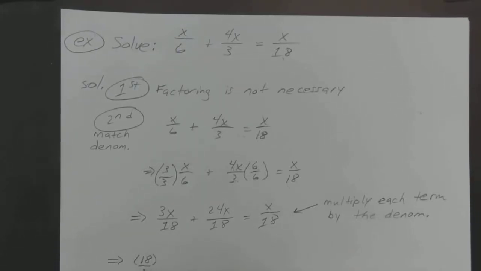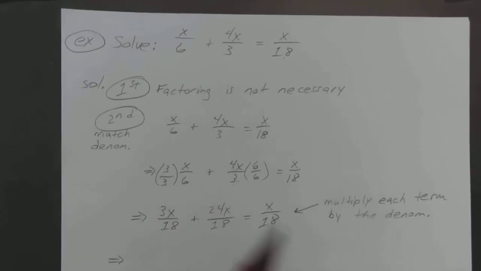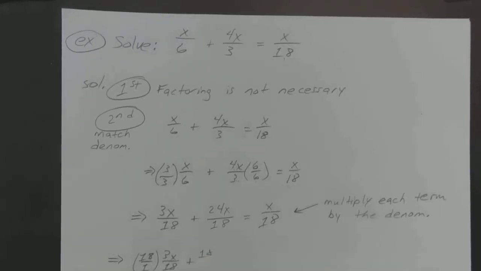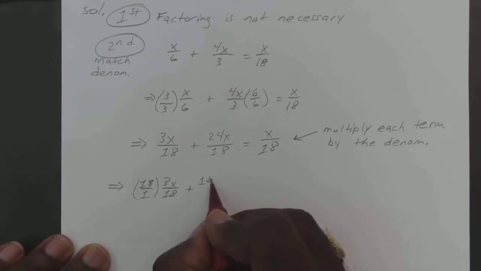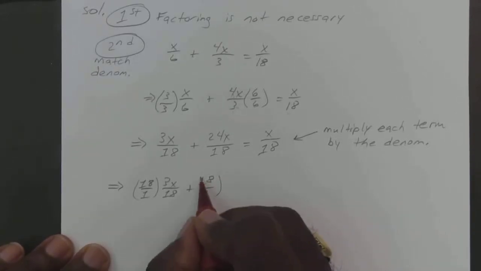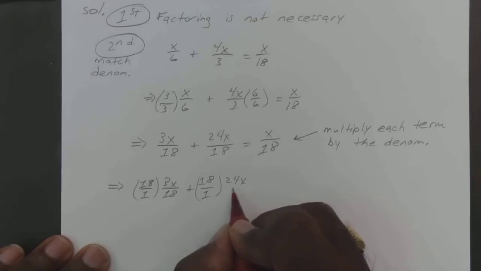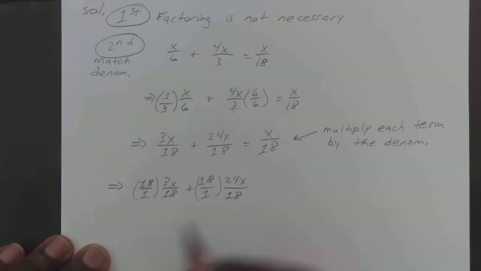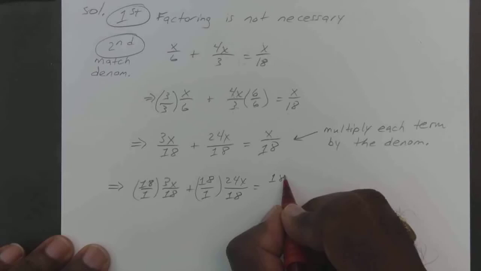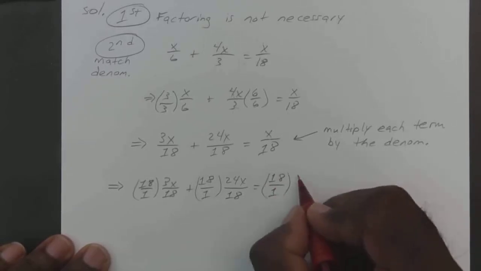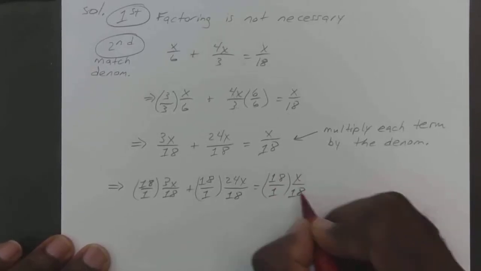I usually make it 18 over 1. Times 3x over 18 plus 18 over 1 times 24x over 18 equals 18 over 1 times x over 18.